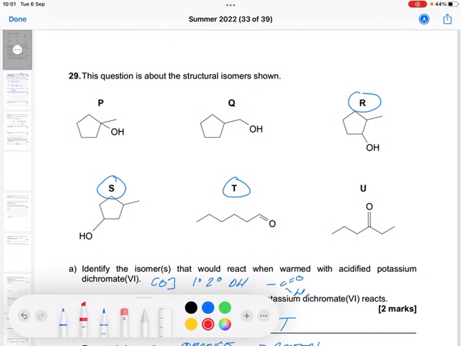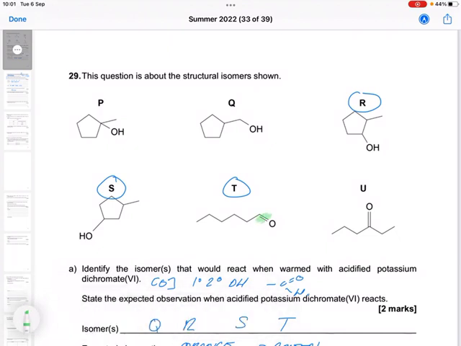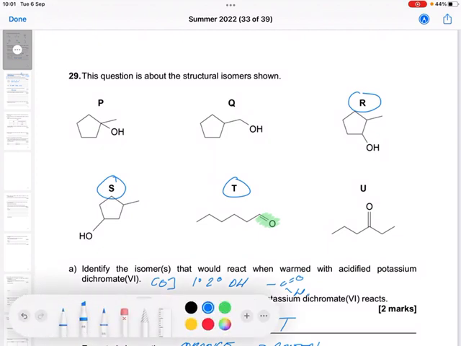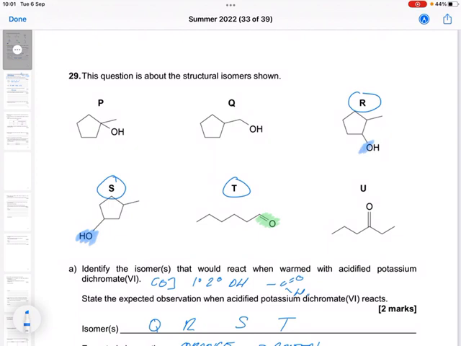R and S are a bit more difficult because they're both going to have the OH alcohol peaks. Remember, you can have OH peaks that are carboxylic acid, so you need to state that you're looking at the alcohol. There's nothing else in R and S that's going to allow me to distinguish them. So I'm going to have to use the fingerprint region for those two and have that looked up in a database.